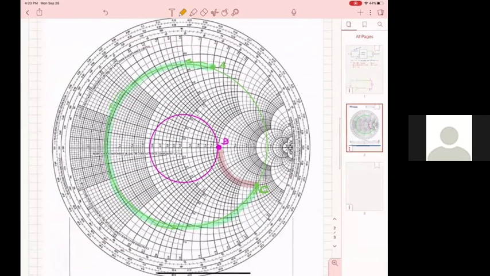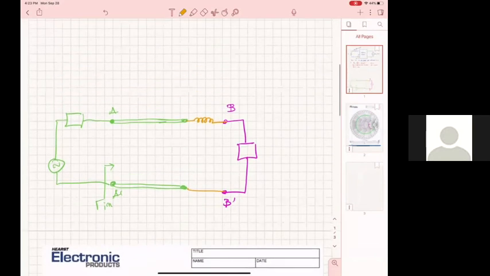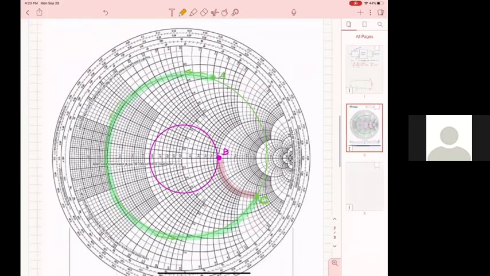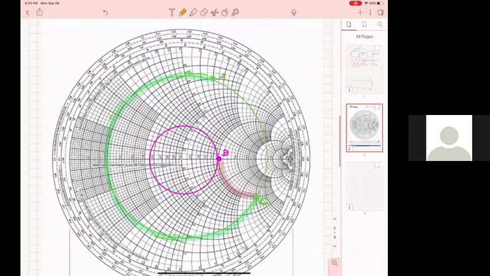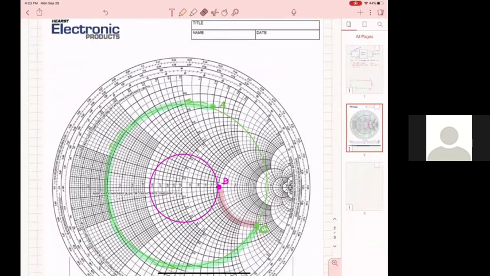Now, instead of the inductor, if you want to do a shunt, say an open circuited stub. A series or a shunt? A parallel, so shunt. In that case, you will work with admittances. To work with admittances, see what I'm going to do.